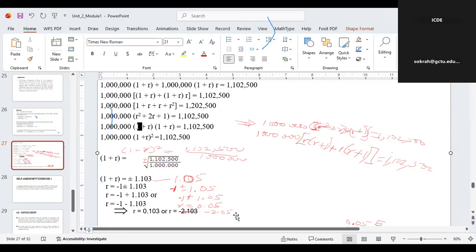But ladies and gentlemen, we know that we don't take negative rate. You will not go to any bank to take a loan and they will give you a negative rate. So we will discard the negative and take the positive rate. Okay, so our R value is what? 0.05. That is what the question is asking us to look for, and we have found it.